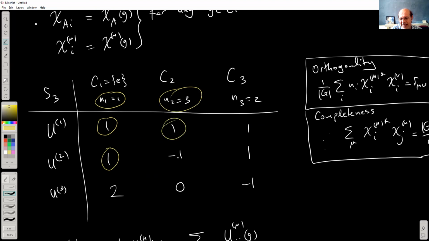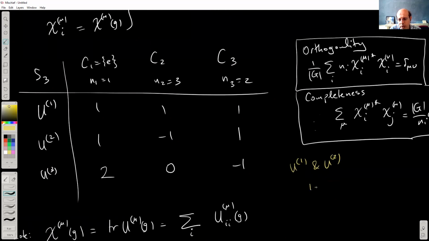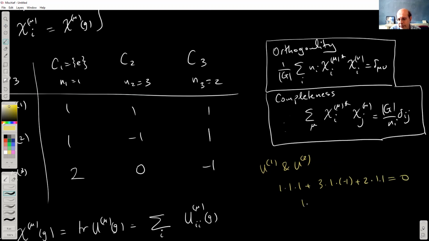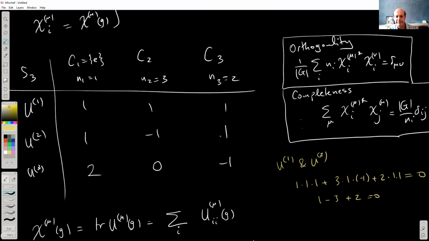So as a result, if I'm doing this with the representations U1 and let's say U2, the products are basically 1 times 1 times 1 plus 3 times 1 times minus 1, and then 2 times 1 times 1. Add them up, you get 0, right? So this basically shows that these two rows are orthogonal to each other.